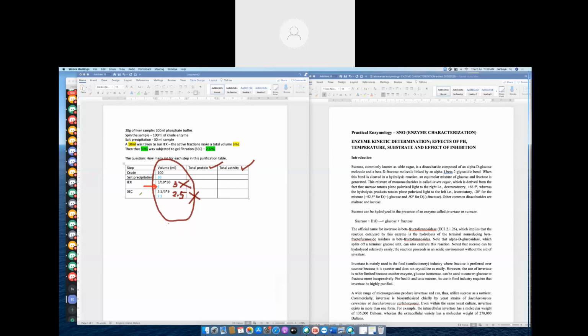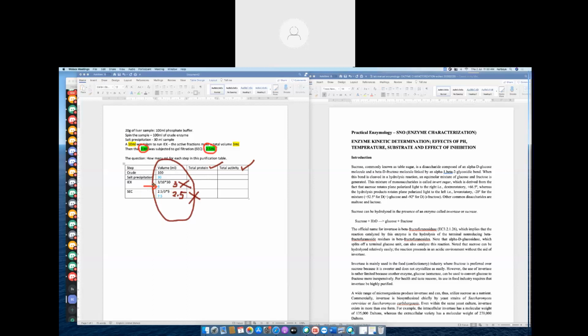We need to imagine the size exclusion chromatography we run for 9 mil, because we run everything from the previous one. In hand, we have only 3. Even though we have 3, we got 2.5 mil.